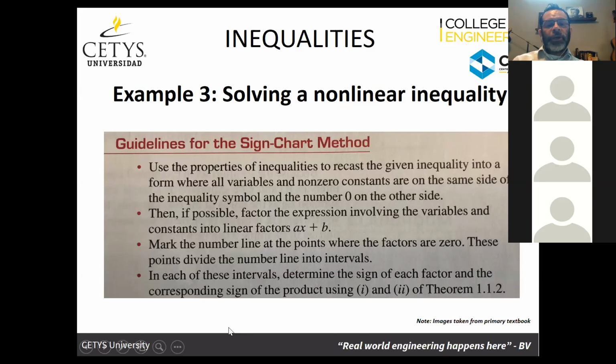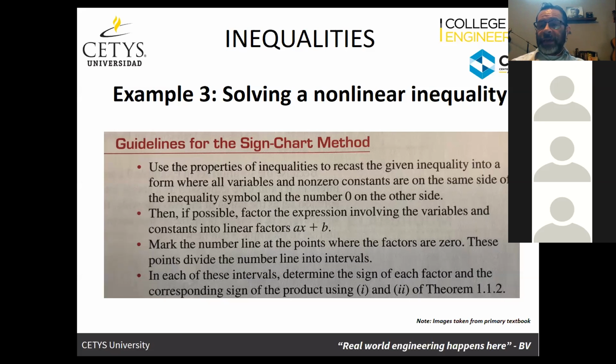Okay, and so we're going to see how to solve nonlinear inequalities. A nonlinear inequality is an inequality where we have powers of the variable, x or whatever variable we're using, that are different than 1, not just higher than 1, because we could have a negative 1, for example, and that would also be nonlinear, or products involved in the inequality.